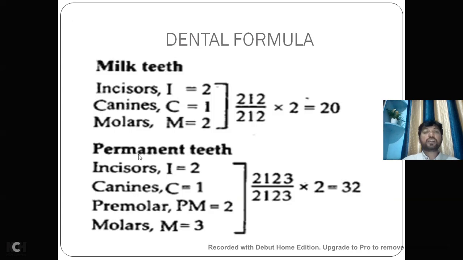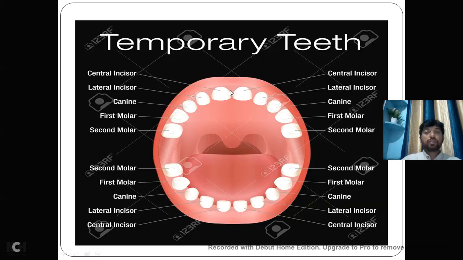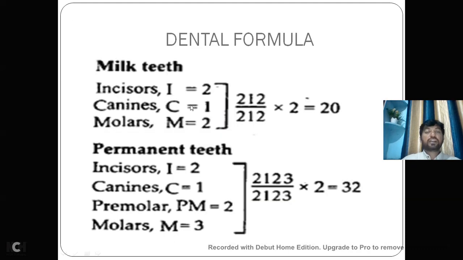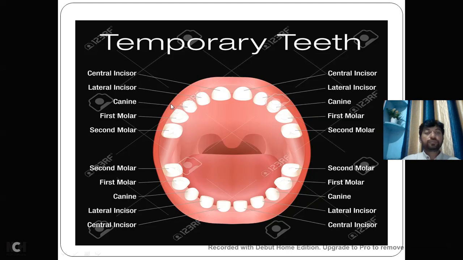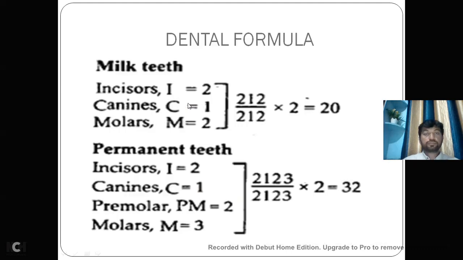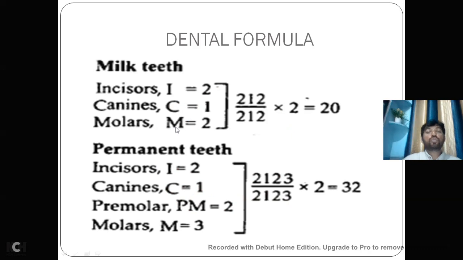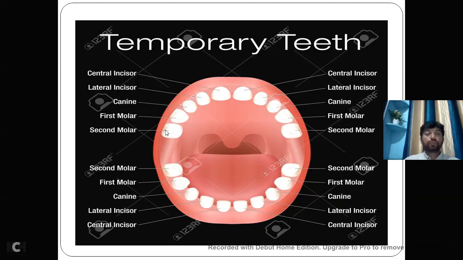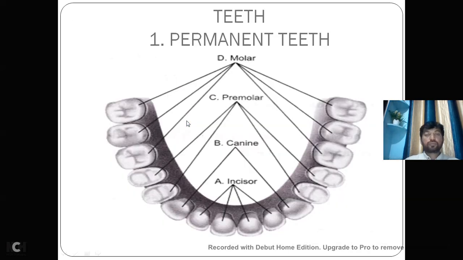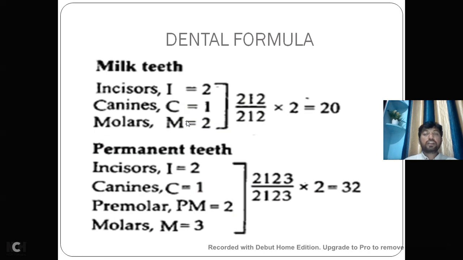Let us understand the dental formula of milk teeth. Incisors will be 2, and the canine 1. Then the molars will be 2. Then upper jaw and lower jaw into 2 sets.